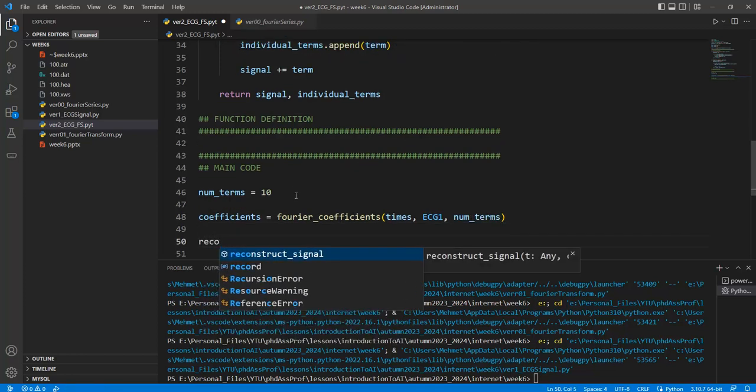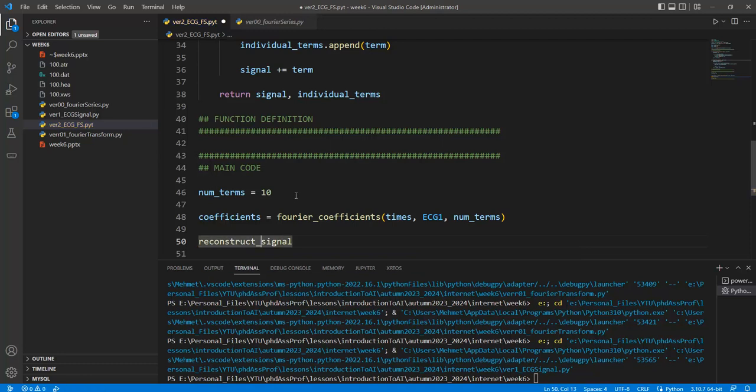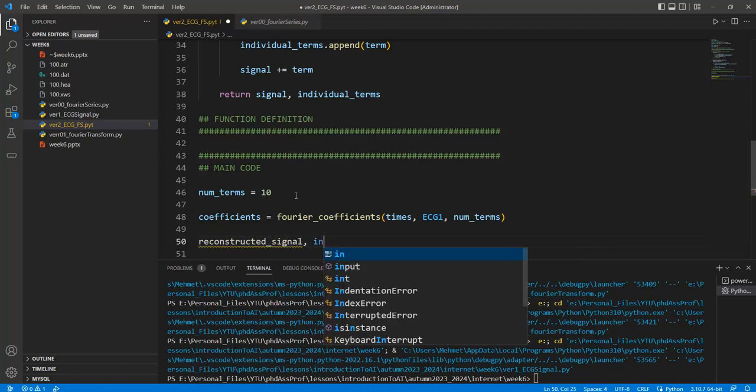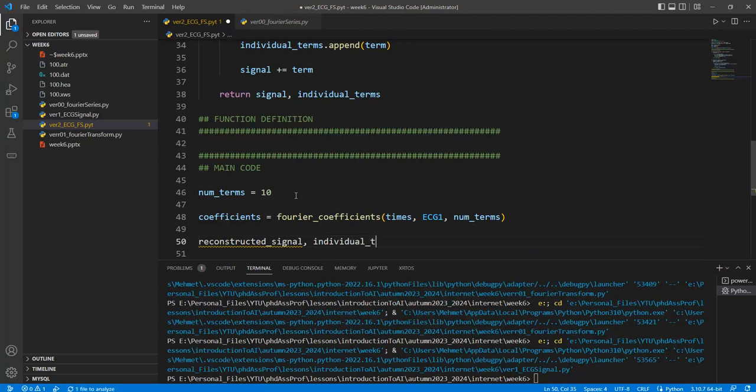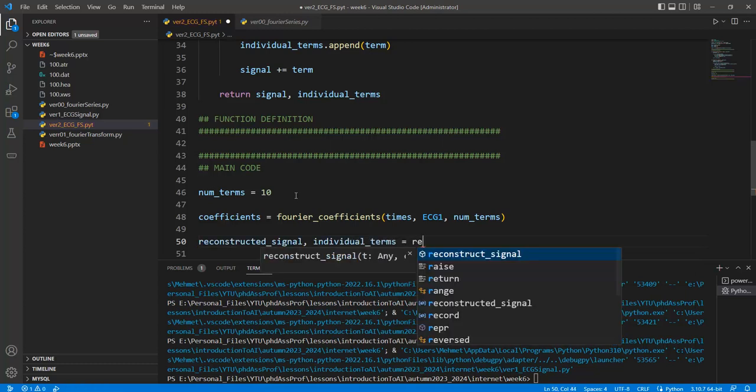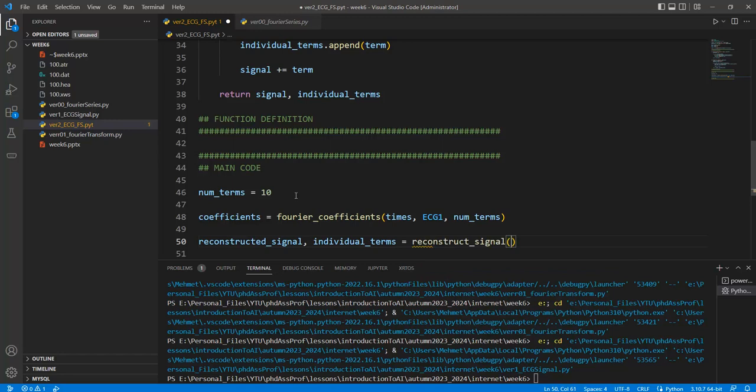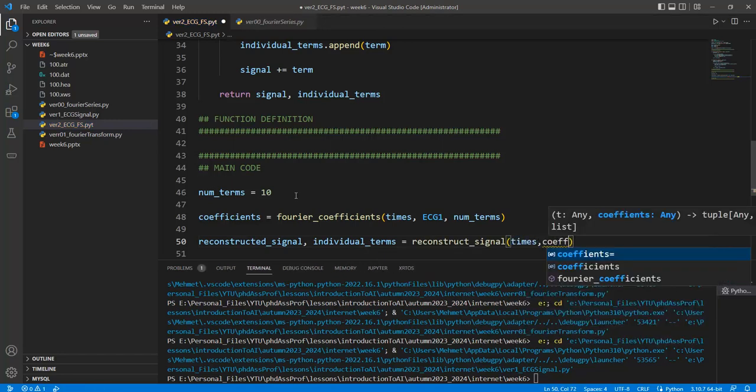After that the reconstructed signal can be given with the individual terms like this one, and the reconstruct signal function can be called with the times and coefficients, right?